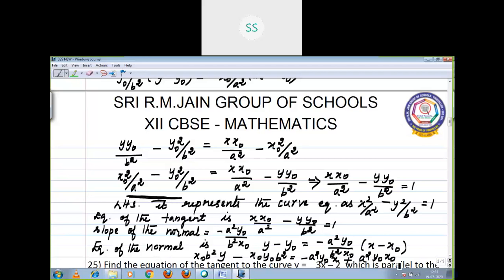You keep as such. This is your equation of the normal. If you want, you shift the term to the left side and make the right hand side become 0. That you know very well. You have to complete it, right? Children, you have to complete it.